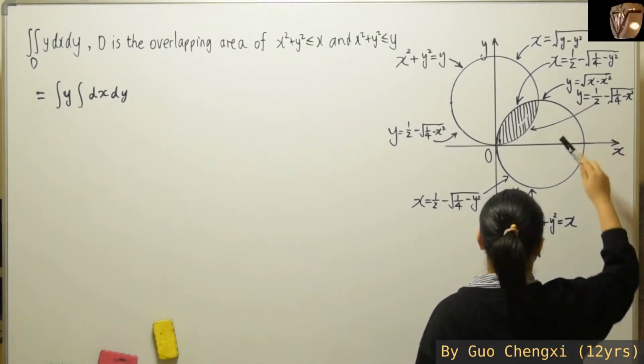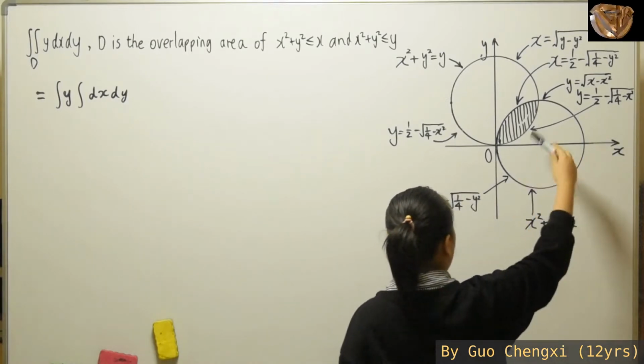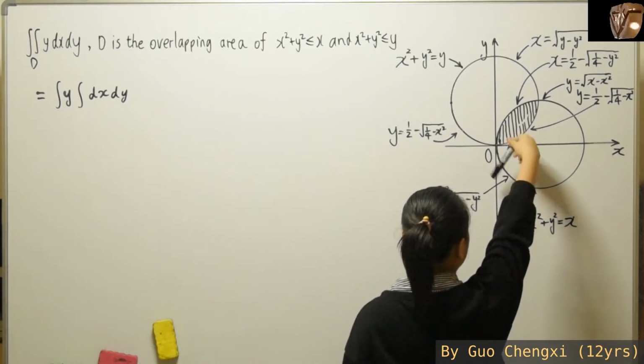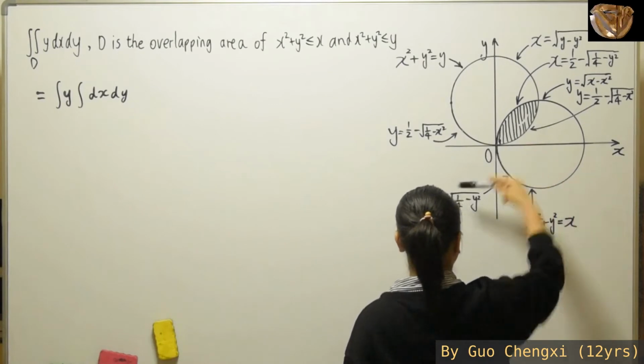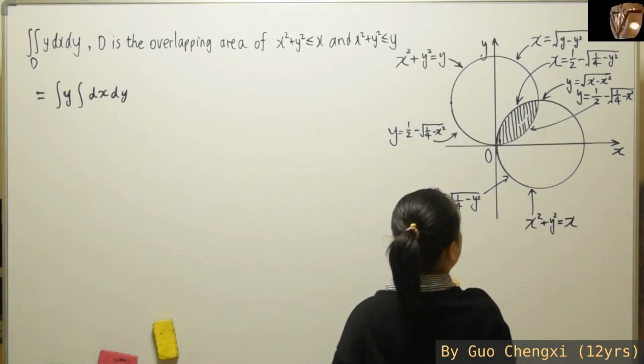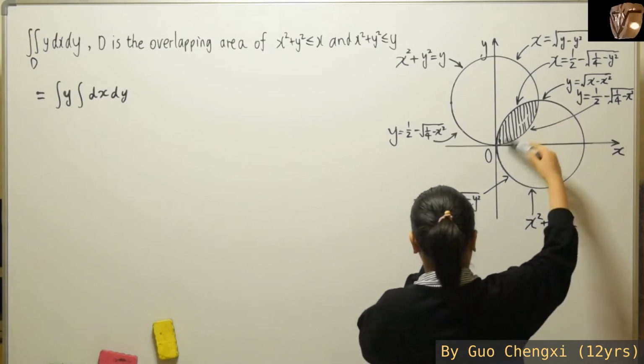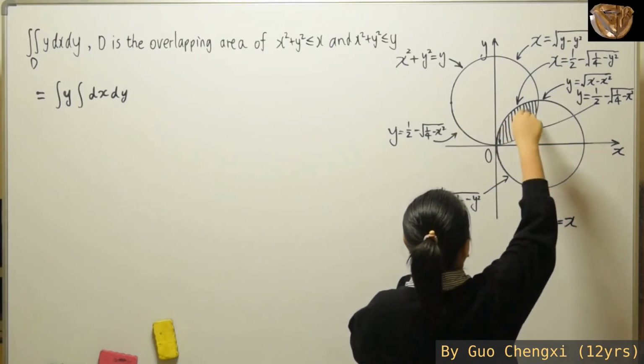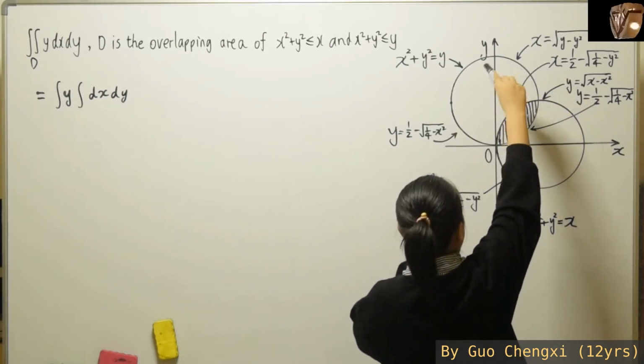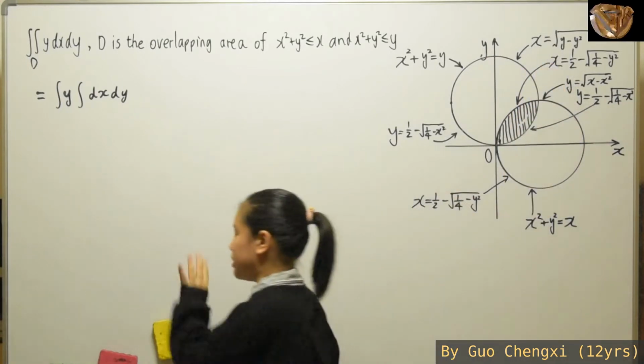Supposedly it's this part, but this is for the y. So over here, as you can tell, it is going to be this part, okay, which is over here. I mean these are the same part, so it's this part, it's over here, this part. Okay, sorry.